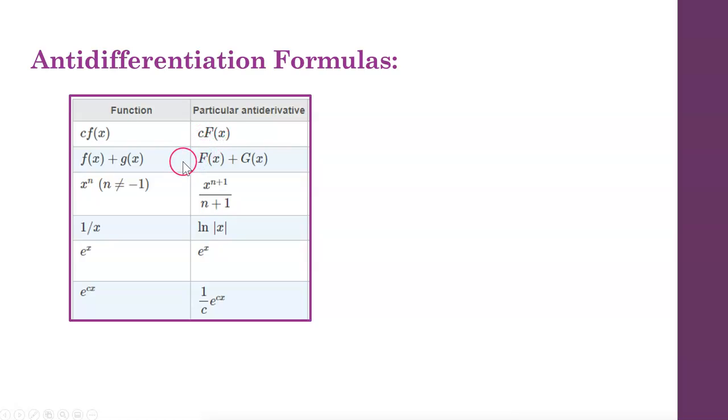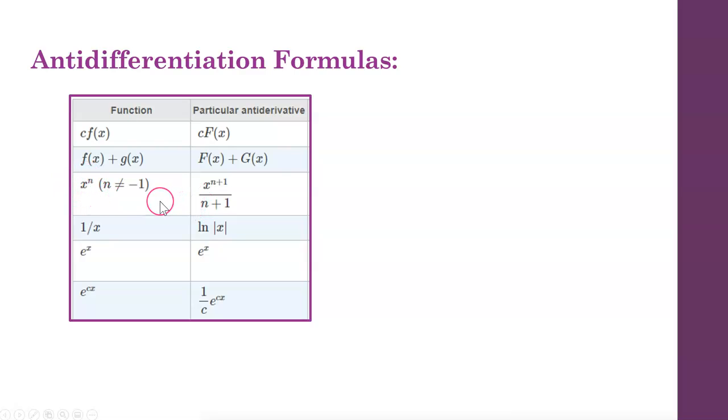We know when we take a derivative of the sum of two functions, we just add the two derivatives together. So that would also work for antiderivatives. And we know when we take a derivative of a function of x to a power, we would subtract 1 from the power and multiply by what the old power used to be. So for x cubed, it would be 3 times x squared.